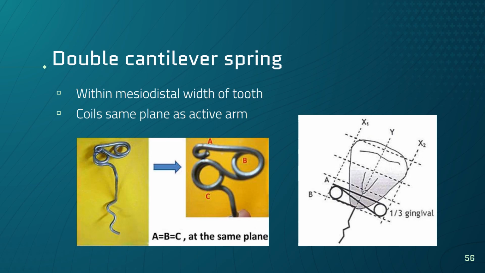Okay, now a few design pointers. The width of the double cantilever spring must be within the mesiodistal width of the tooth. Okay, and the coils should all be in the same plane as the active arm.